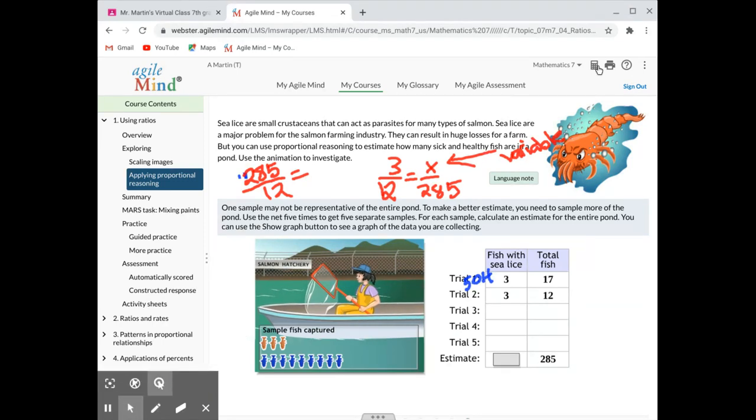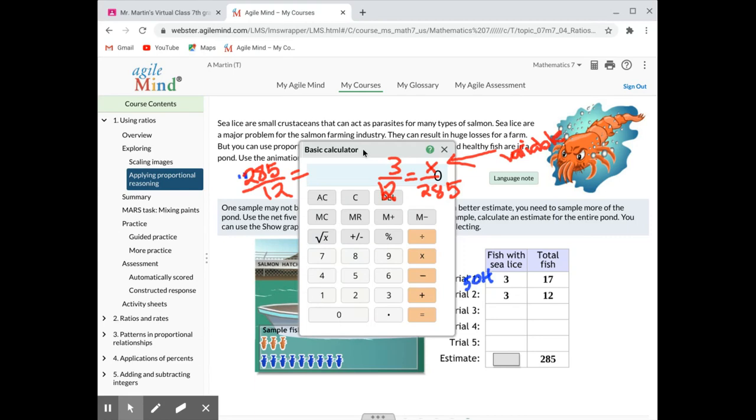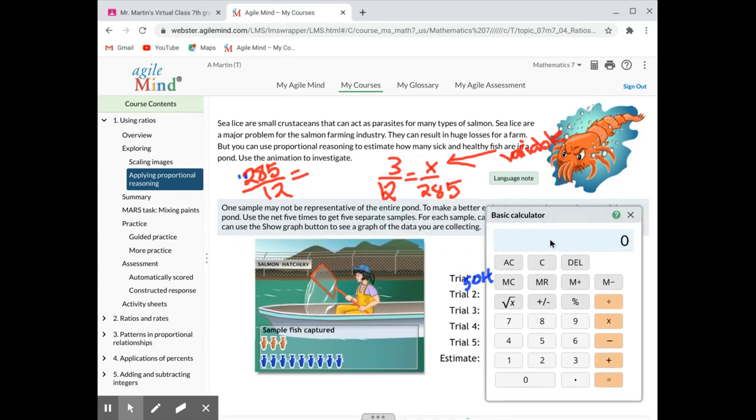So we're going to find our new scale factor. So we'll take our calculator once again. So we got 285 divided by 12. And so we got 23.75. So what's that going to be rounded to the nearest tenth? 23.7. 23.8. All right. So we got 2 different answers there. So let's discuss it.